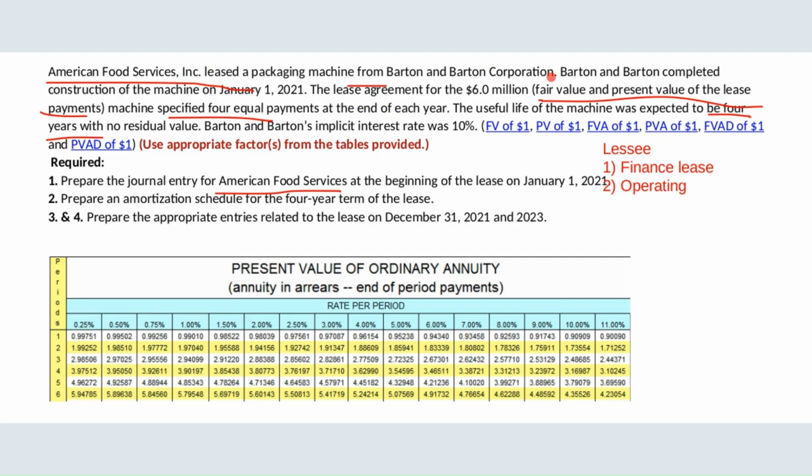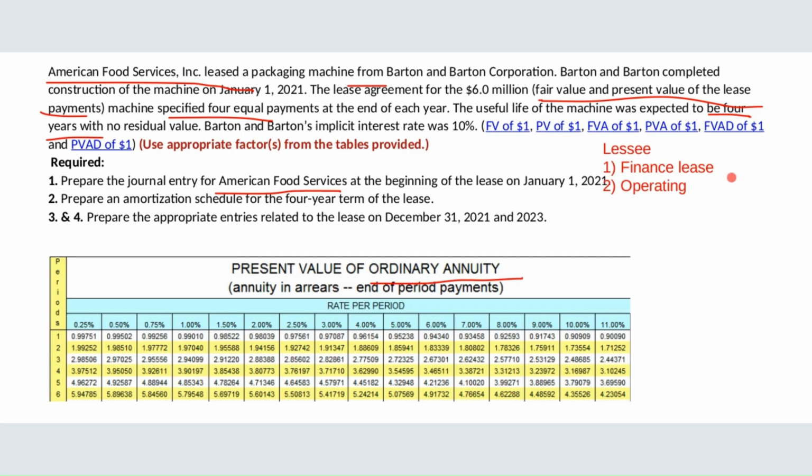We lease this machine on January 1st, but we don't have to make a payment until December 31st. So we're talking about an ordinary annuity, because the payments are made at the end. That's the type of analysis you need to make before you start doing any calculations.